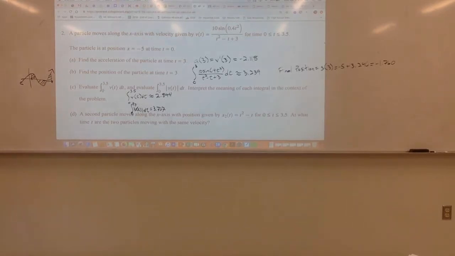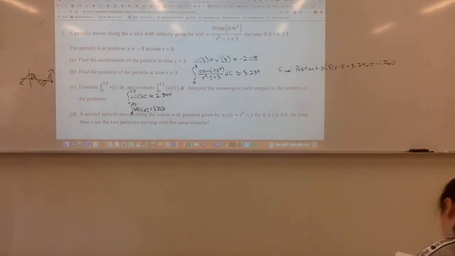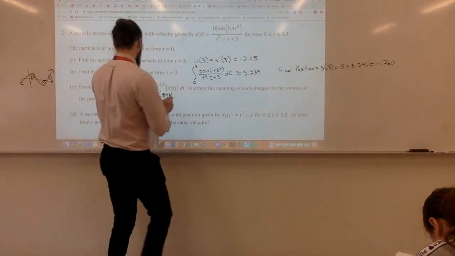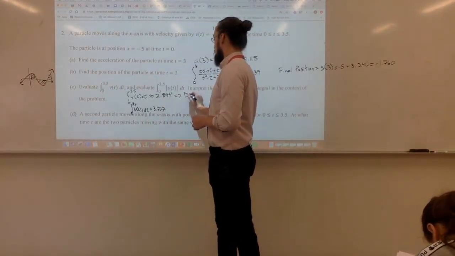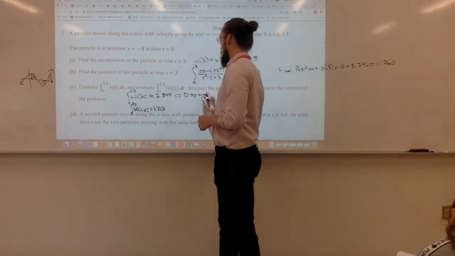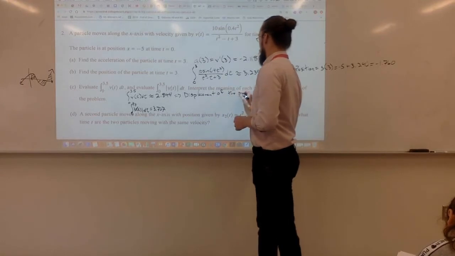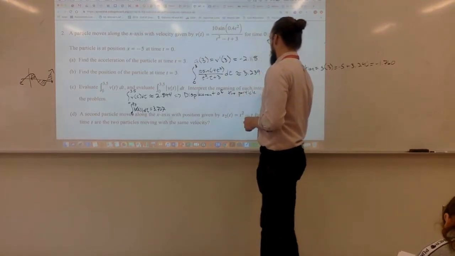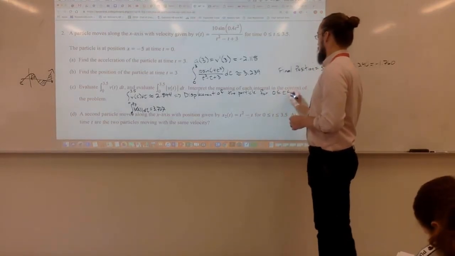Okay, if we are taking the integral of a velocity function, we will get the net change in position, or we call that displacement. So for this, we would say this is the displacement of the particle on the interval.